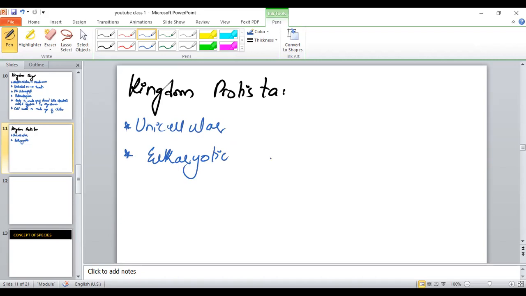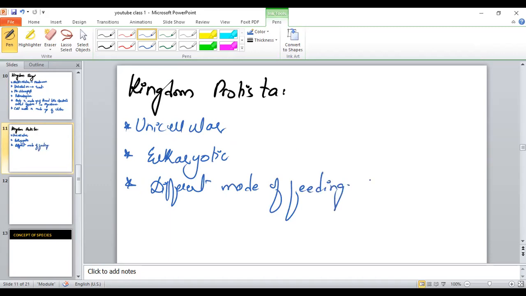So they are eukaryotic in nature. Different modes of feeding are there. Some are free living, some are parasites, some have chlorophyll, so they can perform photosynthesis also.